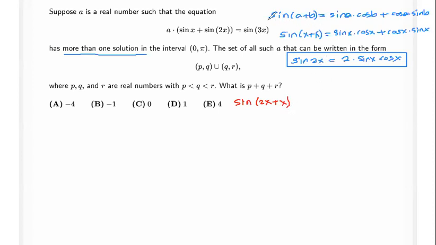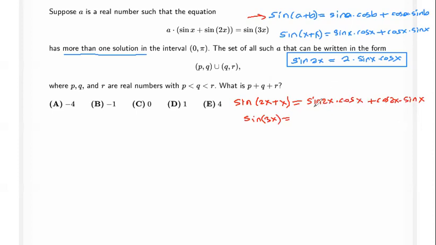If I plug into the original identity, that will be sine of the first angle, which is 2x, times cosine x, plus cosine of the first angle times sine of the second angle. So the left side is sine 3x, and the right side has sine 2x and cosine x and stuff like that. Maybe we can play with those a bit.